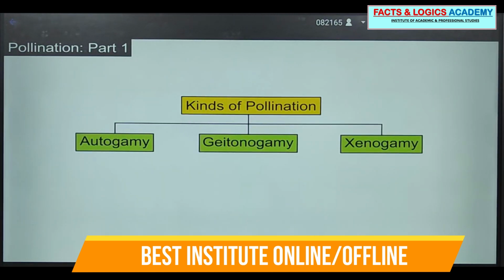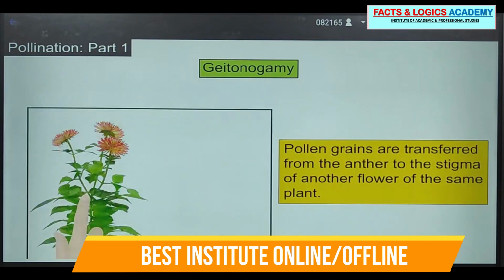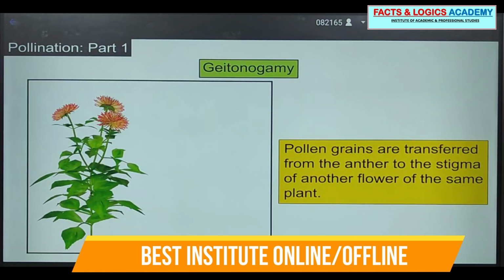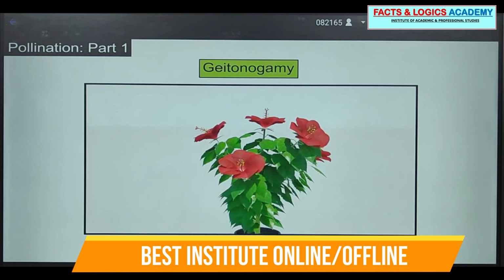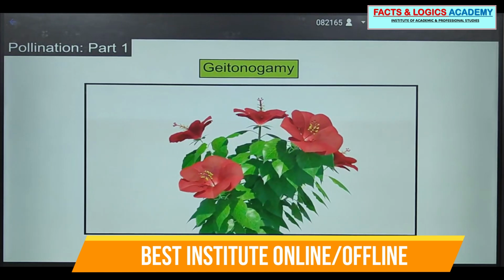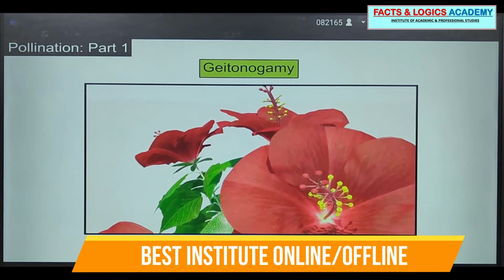Now, let us discuss geitonogamy. In geitonogamy, the pollen grains are transferred from the anther to the stigma of another flower of the same plant. Yes, we guessed it right. Geitonogamy is functionally cross-pollination, involving a pollinating agent.